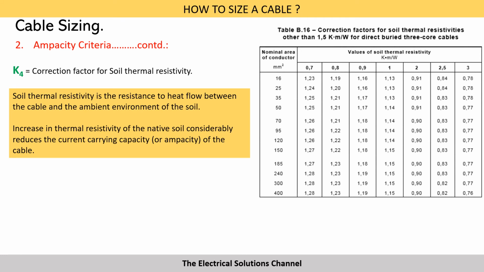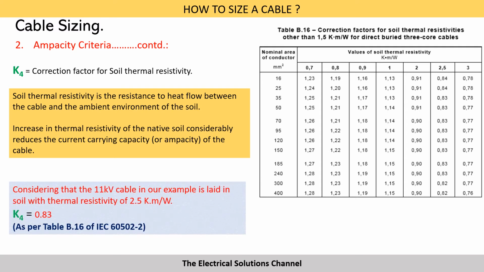Considering that the 11 kV cable in our example is laid in a soil with thermal resistivity of 2.5 Kelvin meters per watt, we have K4 equal to 0.83 as per table B.16 of IEC 60502-2.